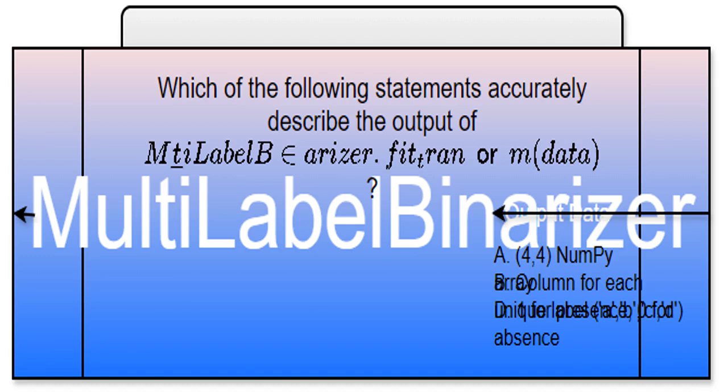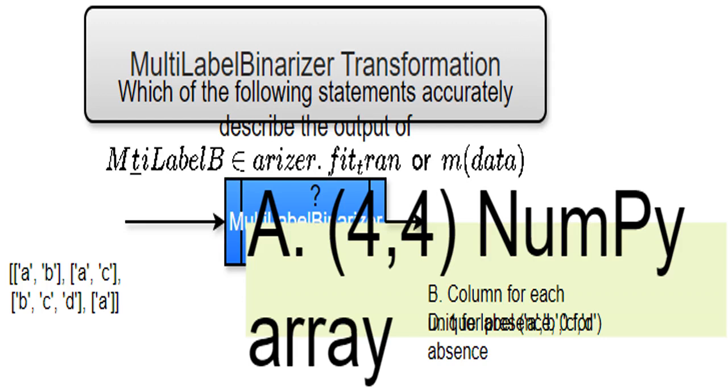This is asking what the result of using the multi-label binarizer on the provided data looks like. It's the output of the label translator, a numerical table representing the presence or absence of each label. This suggests the output is a 4x4 table matrix made up of numbers. NumPy is a Python library for working with arrays like this.